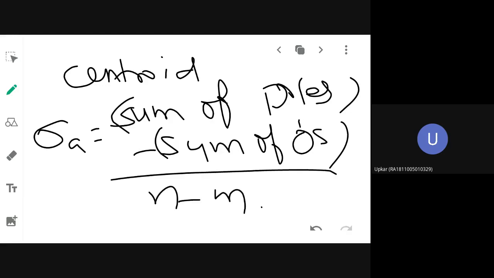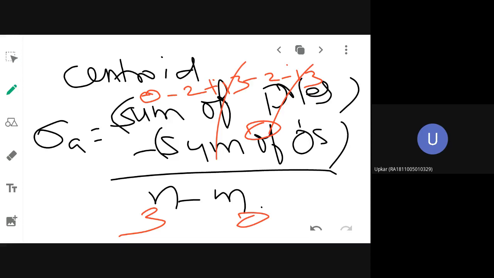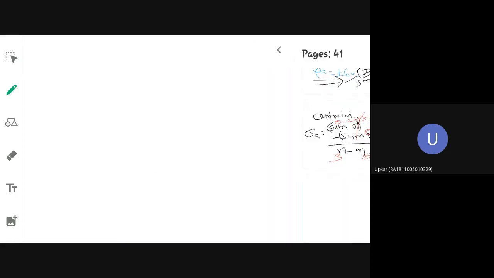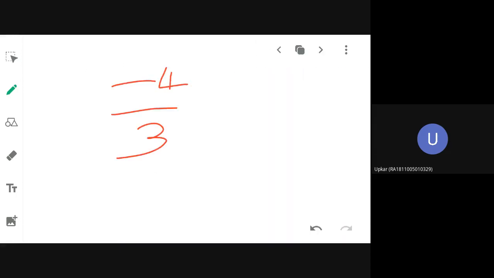What are the poles that you have for this problem? You tell me. For the rest who did not understand last class, I am telling them again. 0 is the first pole, then minus 2 plus j3 is the second pole, minus 2 minus j3 is the third pole. Here the imaginary parts will get cancelled. Then the formula gives minus 4 divided by 3. Sigma A is equivalent to minus 1.33.